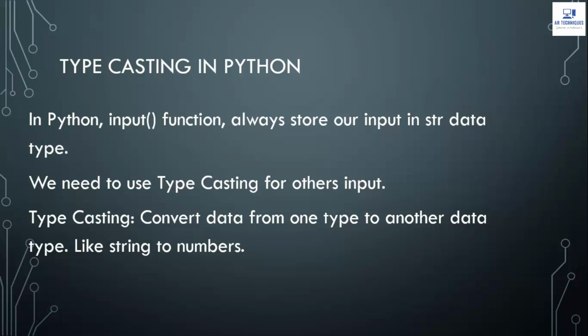Typecasting is used to convert data from one type to another data type, like if we want to convert a string into numbers.